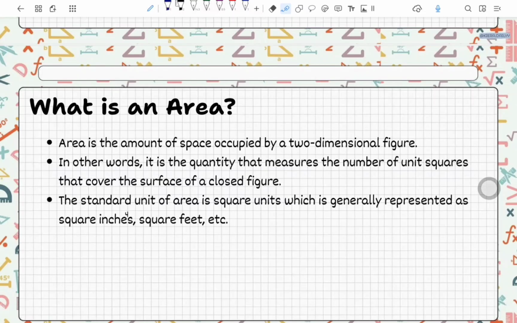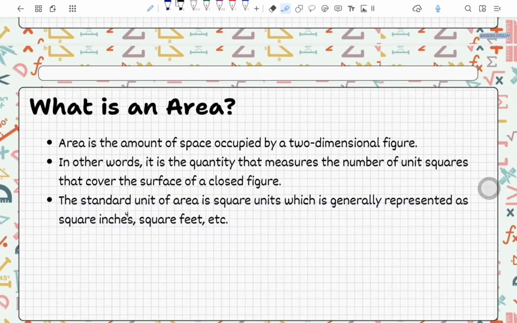The standard unit of area is square units, which is generally represented as square inches, square feet, and so on.